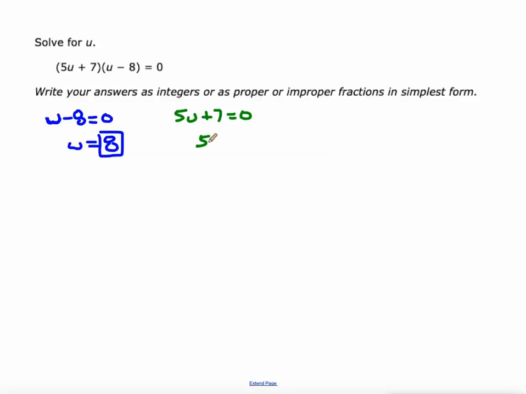So if I subtract 7 from both sides, I get -7. And if I divide both sides by 5, I get -7/5. That's the other answer. So two answers to this quadratic equation, either 8 or -7/5. We are leaving our answers as improper fractions in simplest form, so -7/5.